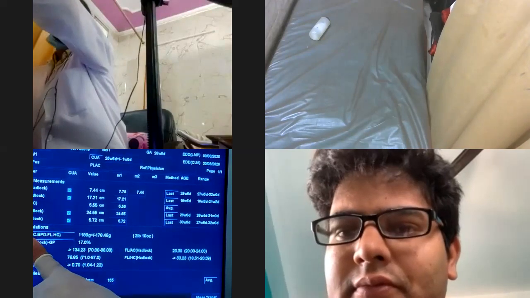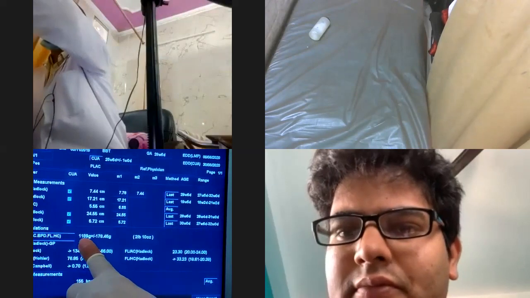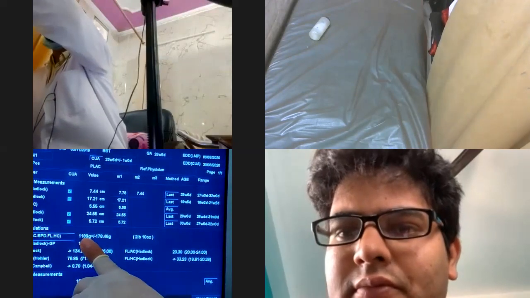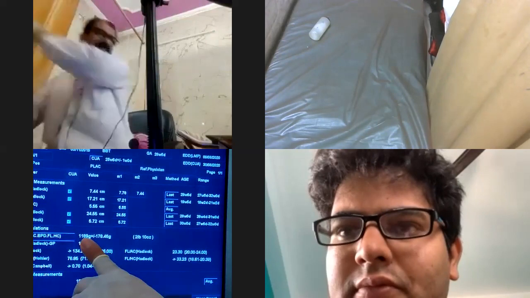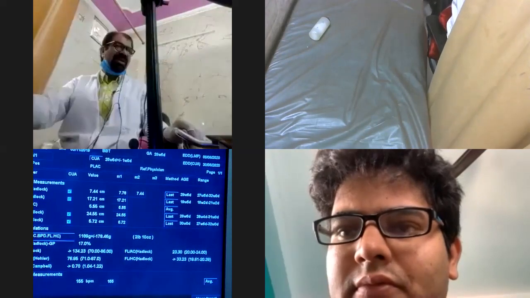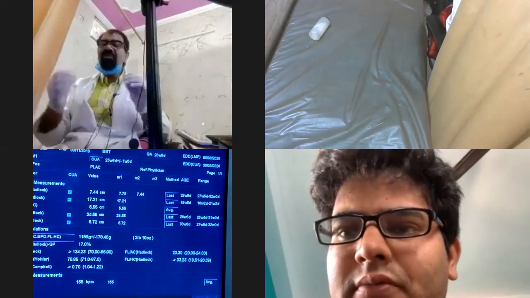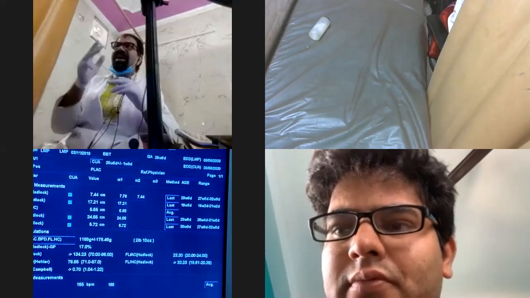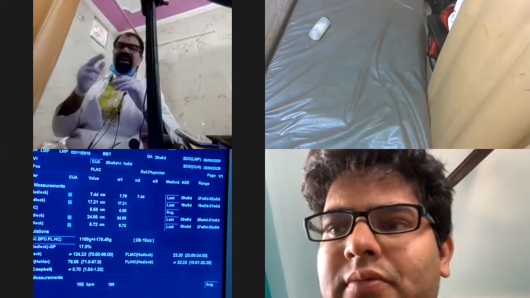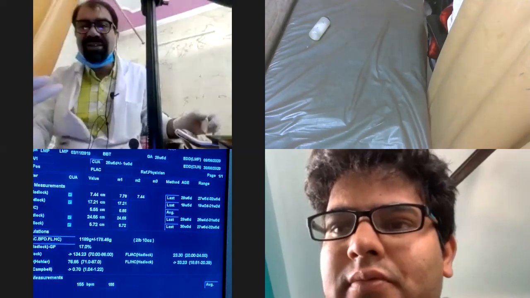EFW is the fetal weight, and for this it is 1,189 grams. You don't have to calculate the weight. The machine will calculate it. But the point is you have to give BPD, HC, AC, and FL to the machine, and the machine will automatically calculate the weight as per perimetry.